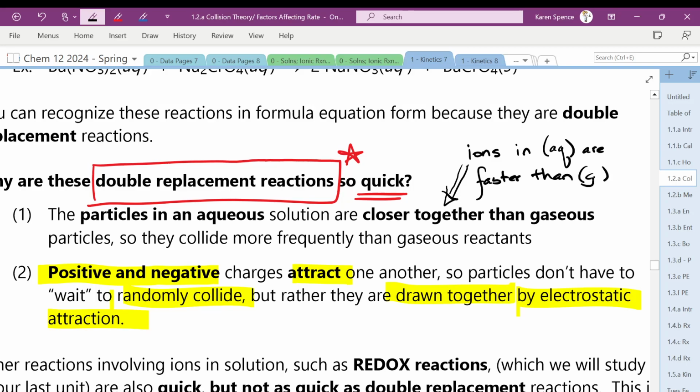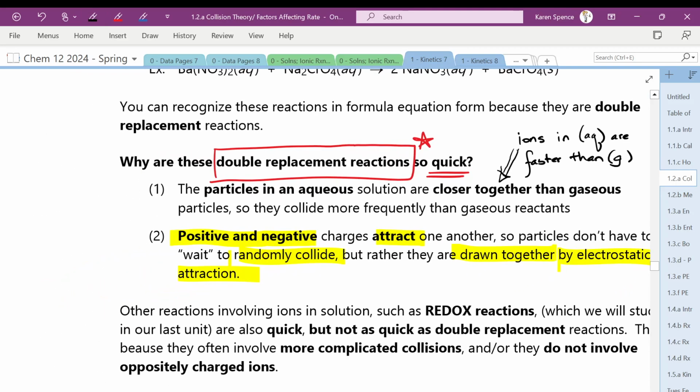They're faster than gases. They react faster than gases. Can you think of a reason why? If I was to draw some gas and try and show you the particles, yes?